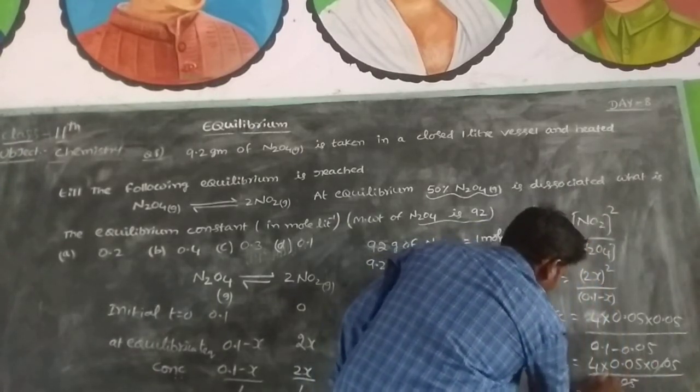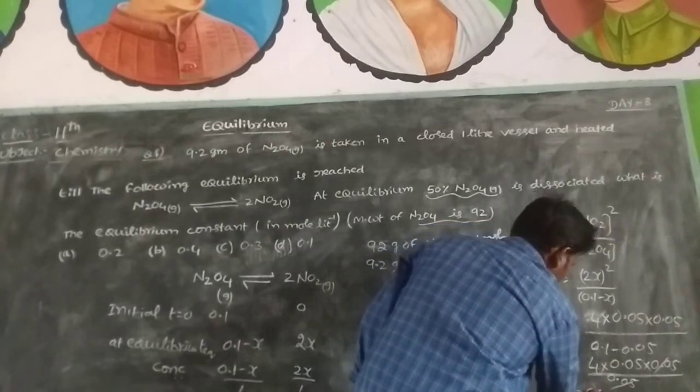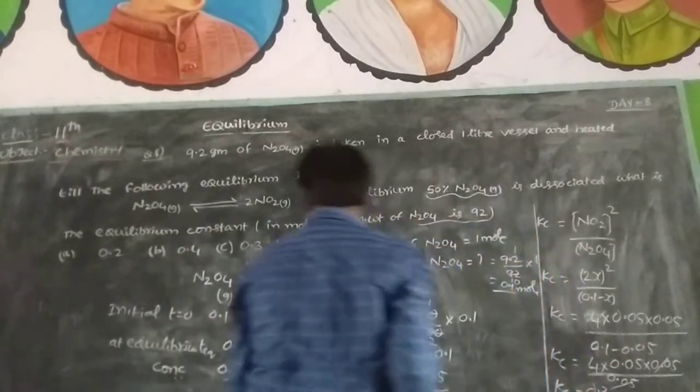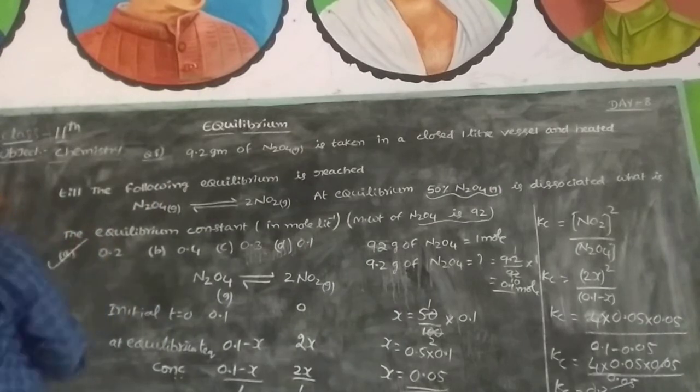Kc is equal to 4 into 0.05, Kc is equal to 0.2. Now the first option will be correct.